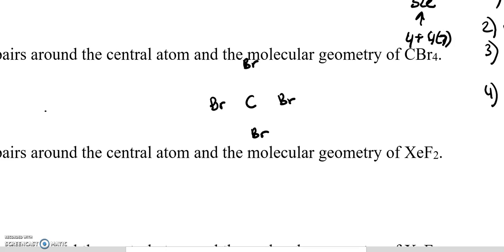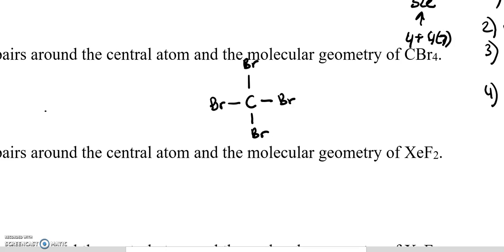If you have 4, you have a square like this one. First we're going to make single bonds, and every single bond has 2 electrons in it. So we count 2, 4, 6, 8. I used up 8 electrons, and 32 minus 8 is going to be 24. I'm sorry, so 24 electrons left.